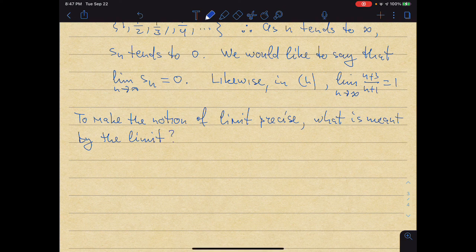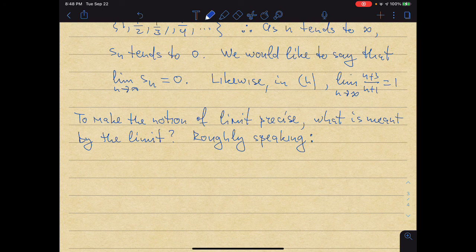Roughly speaking, what does it mean, for example, that the limit of Sn is equal to 0? It means that I can make Sn arbitrarily close, or as close as I wish, to 0. And how can I accomplish it? By making n sufficiently big.